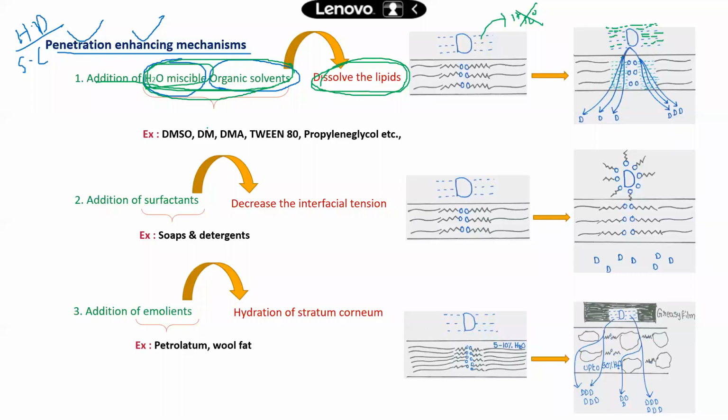Next, will you please tell me examples for that water miscible organic solvent, that is dimethyl sulfoxide. Dimethyl sulfoxide means dimethyl, CH3, CH3.